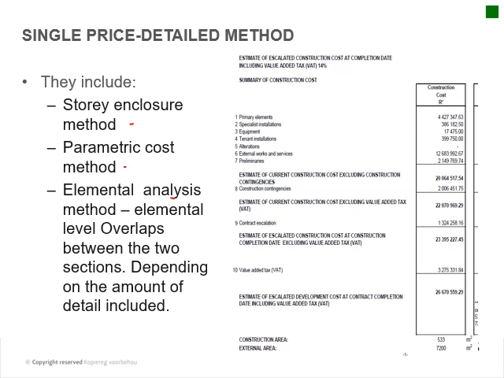So this is an example of an elemental analysis method where you've got your primary elements and so on, and you've got your cost estimation here, but it's based on a per square meter area on this side, which is multiplied with a rate to get to that estimation.